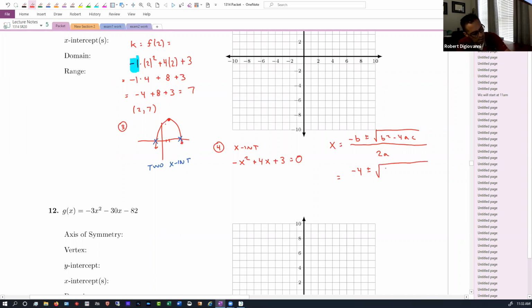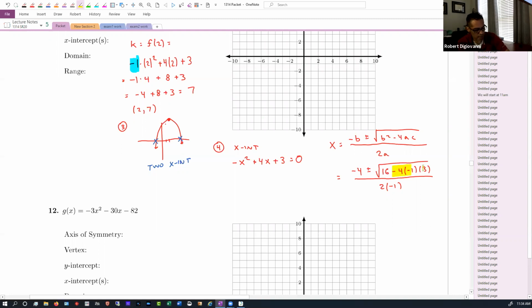And then b squared should be 16 minus 4 times a, which was -1, and c, which was 3, all over 2 times -1. Okay, so that's just me plugging in everything, a, b, and c getting plugged into the formula.